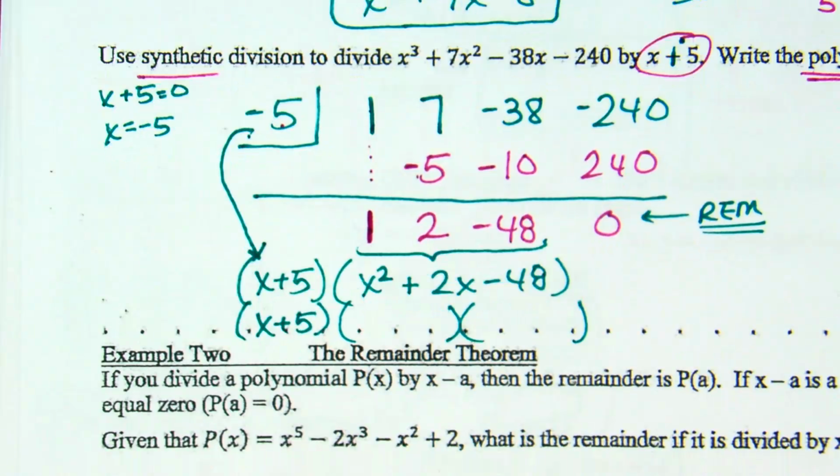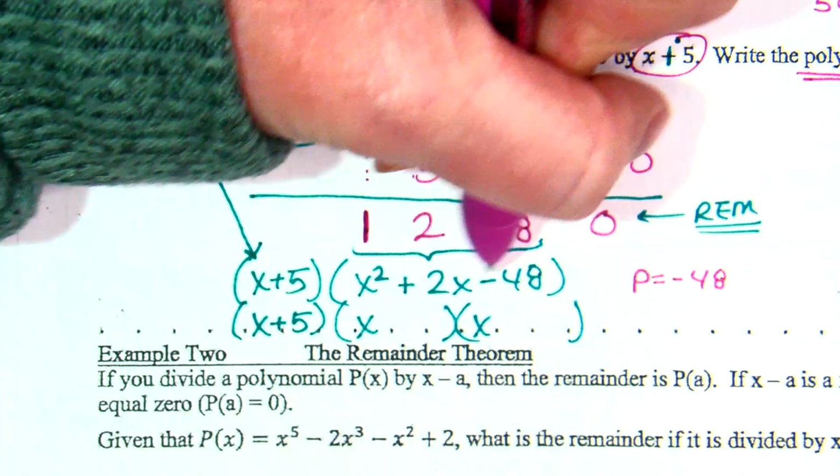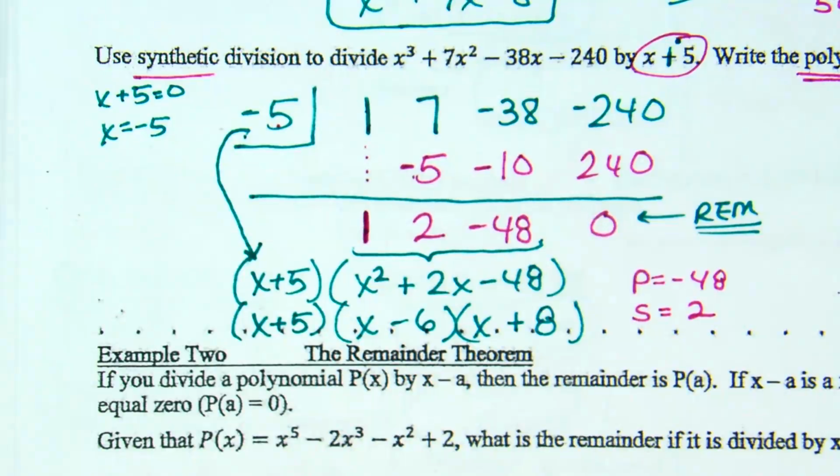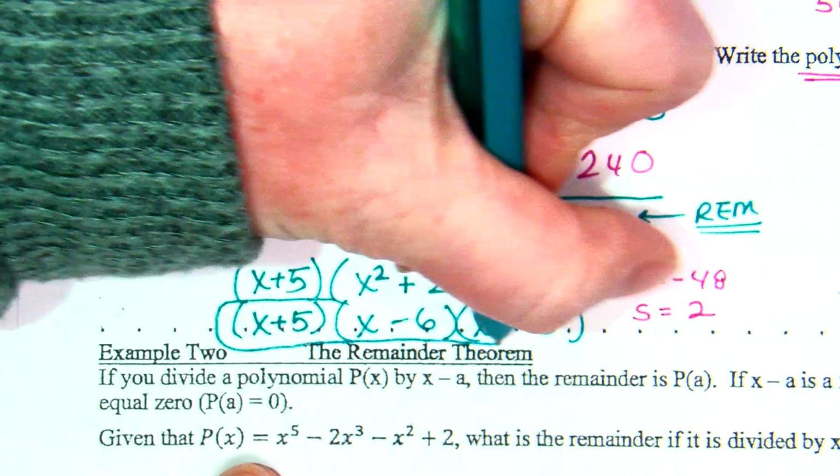I need 2 numbers that multiply to be negative 48 and add to be 2. Negative 6 and 8. And now, is this completely factored? And now it's factored.